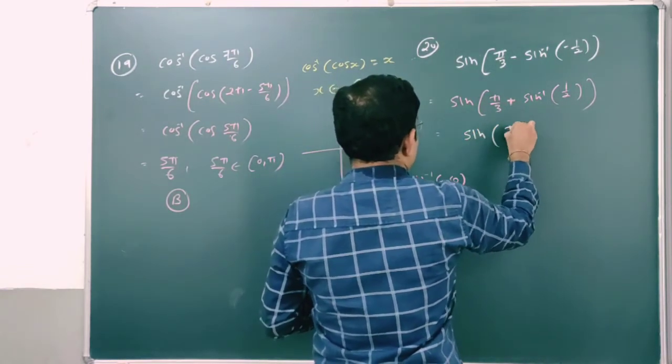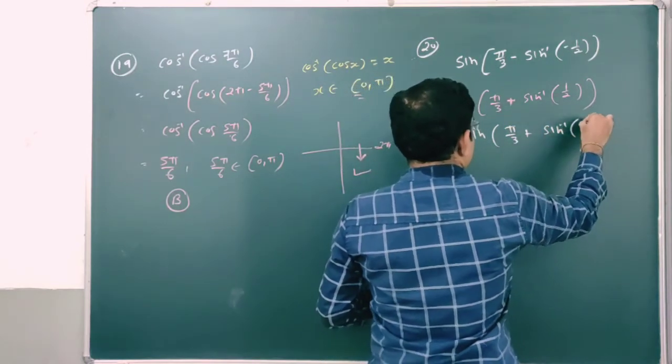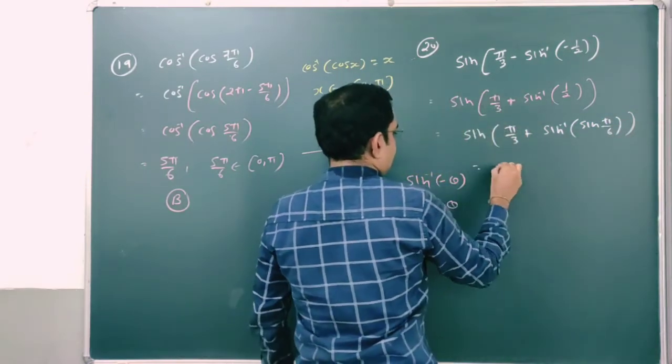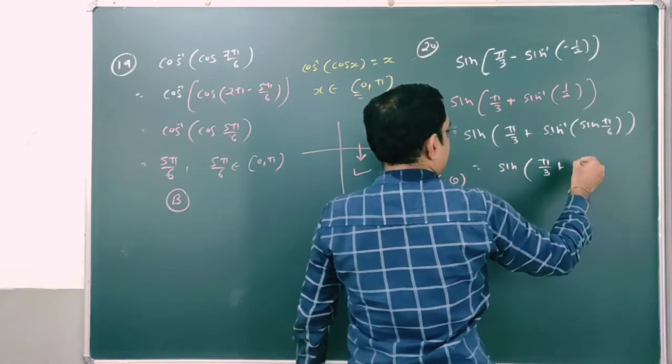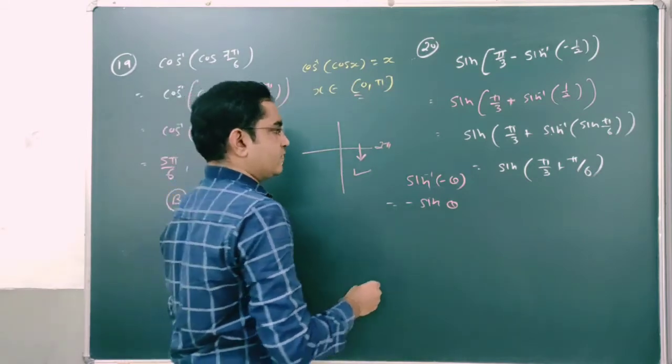So this one is sine of pi by 3 plus sine inverse sine pi by 6, which is pi by 6 because pi by 6 is in the principal range of sine inverse. Done.